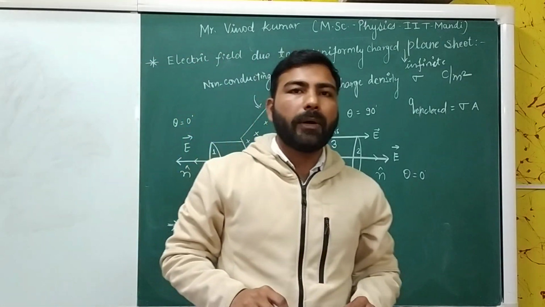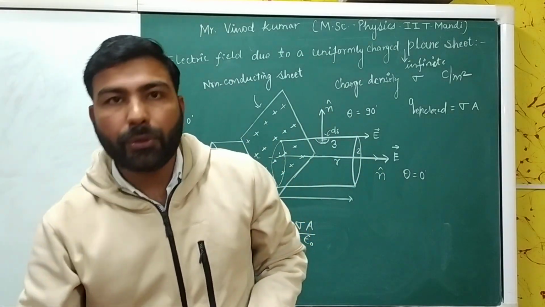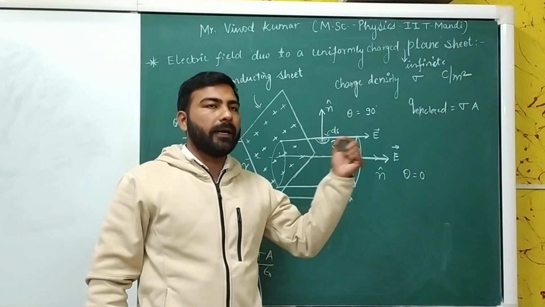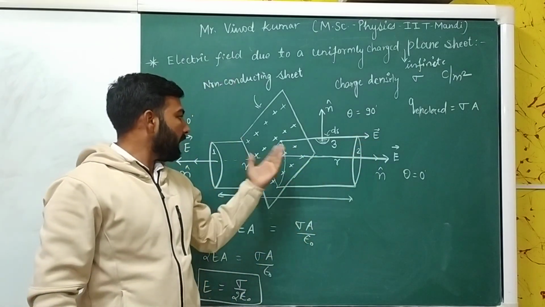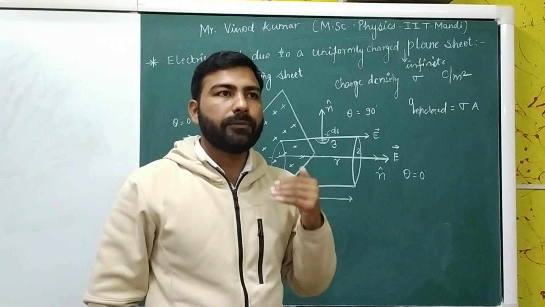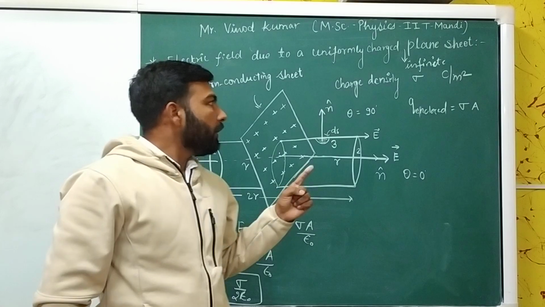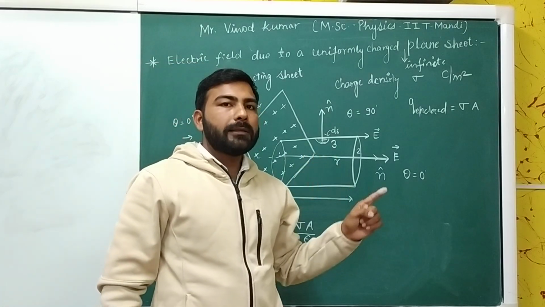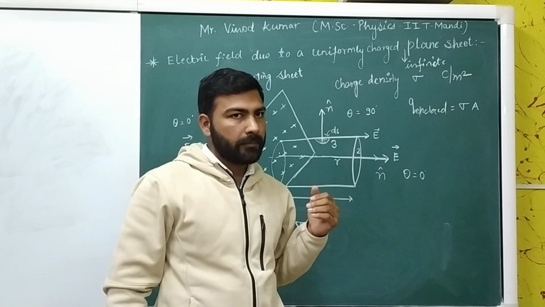So that is the required electric field due to the infinite plane sheet at some random distance r. And as we can see, there is no dependency on the distance from the infinite sheet. So we can say that the electric field due to an infinite plane sheet is constant. It is not varying with distance.